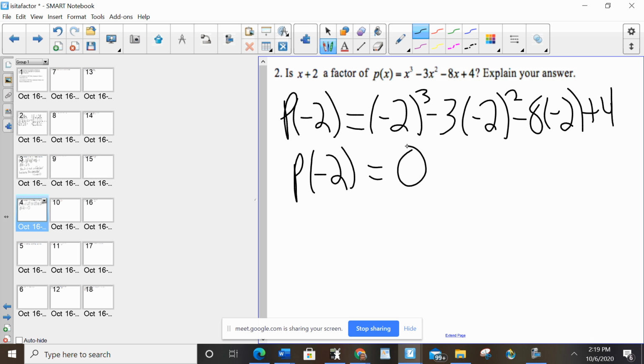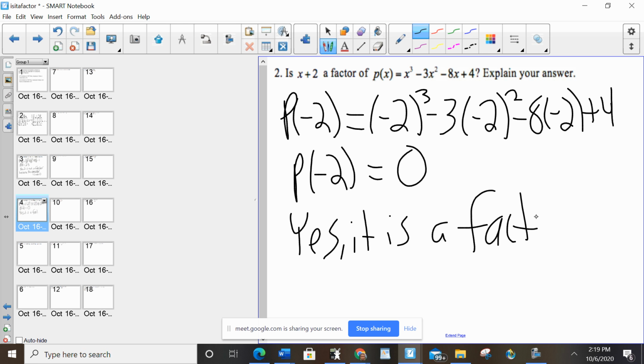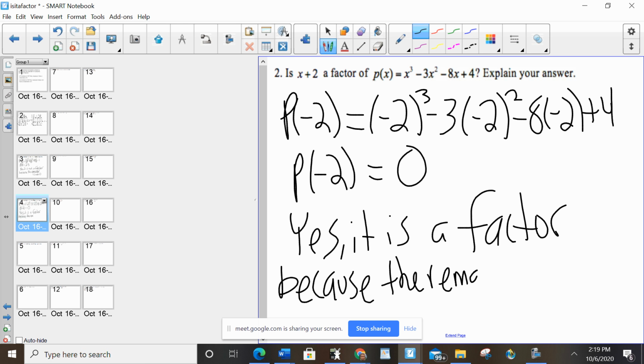If it divides evenly, then yes, it is a factor, because the remainder is 0.